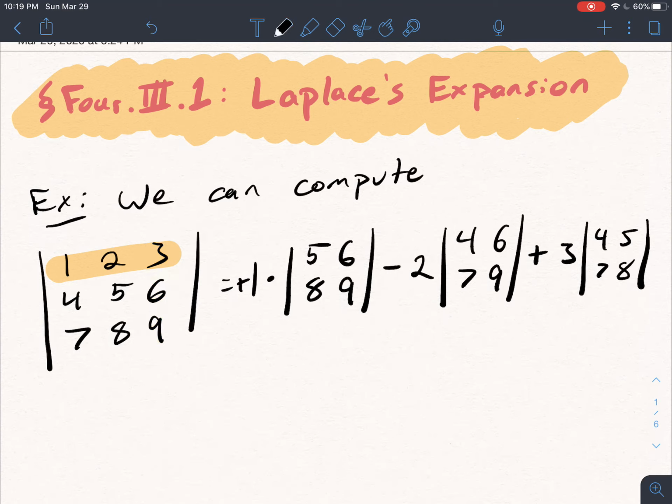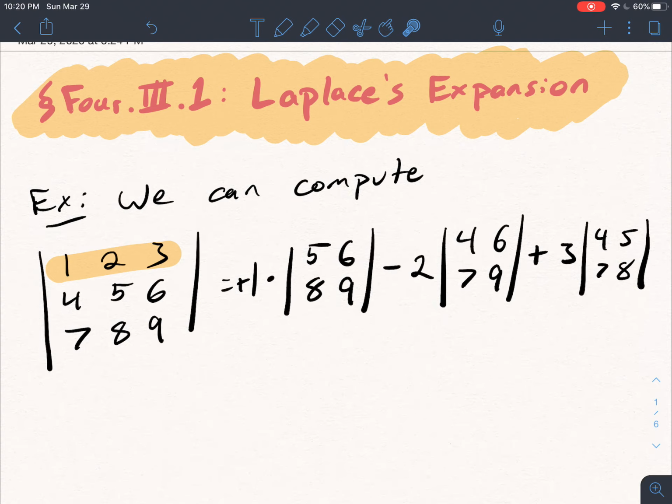So yeah, that's basically the idea, is that you can expand along a row or column to write this big determinant as a linear combination of determinants of smaller matrices.